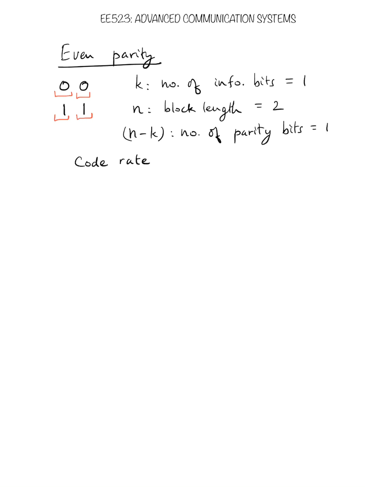We defined the code rate in the last lecture: R is equal to the ratio of the number of information bits to the block length, which is k by n. In this case, it is 1 by 2, and if we write that as a percentage, that gives us the coding efficiency, which is equal to 0.5, or we simply say the coding efficiency is in this particular example 50%, where for every bit of information we add one parity bit.